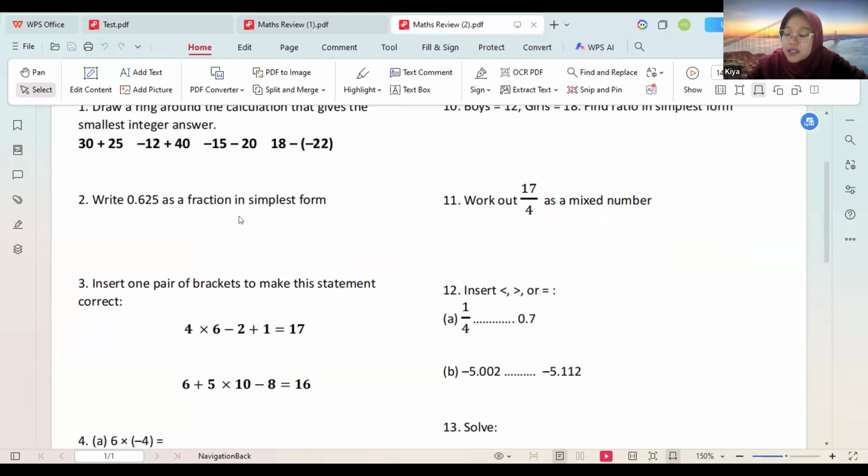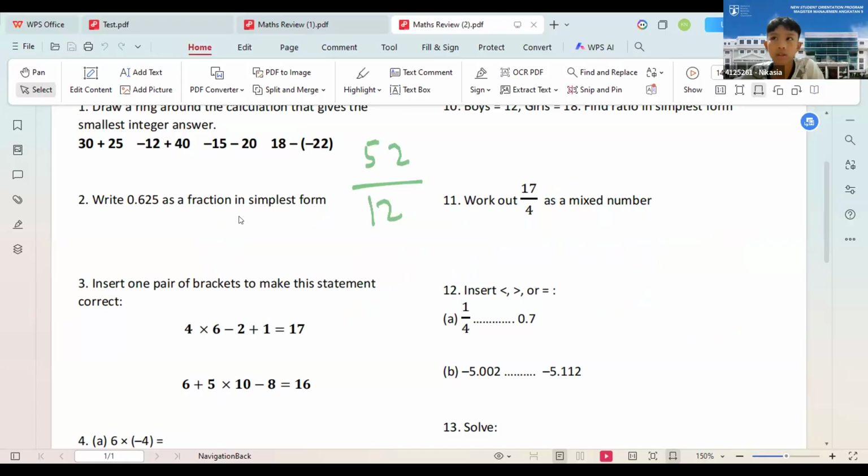If you find something like this, like this too, please find the simplest form of this.